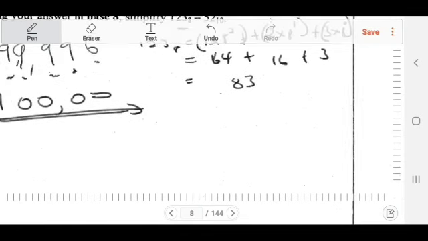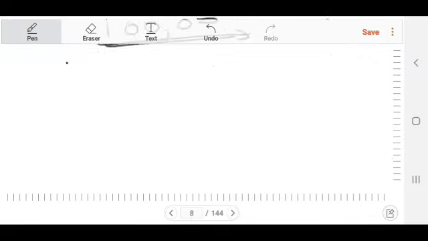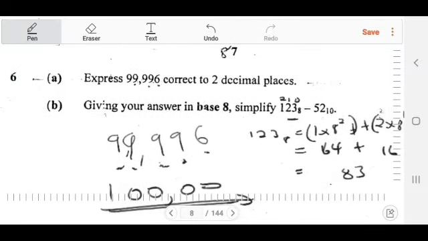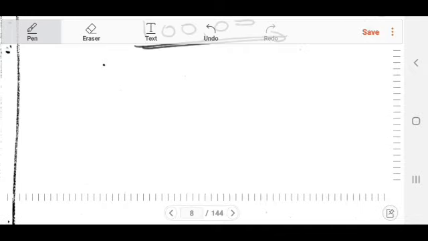Now I want to find the difference of those two base 10s, let's say minus 52 there. So 83 base 10 minus 52 base 10 is going to be 31 base 10.